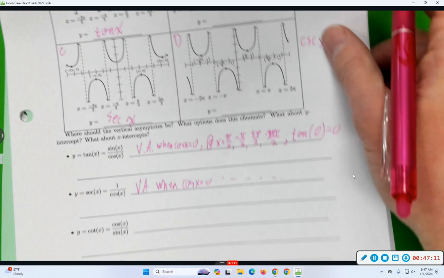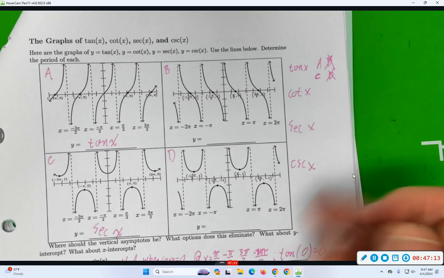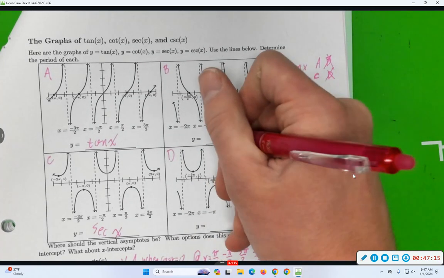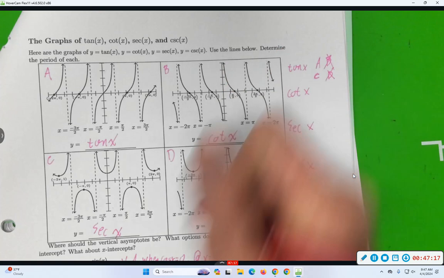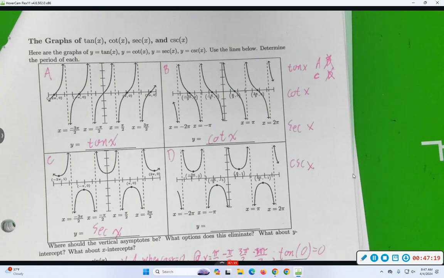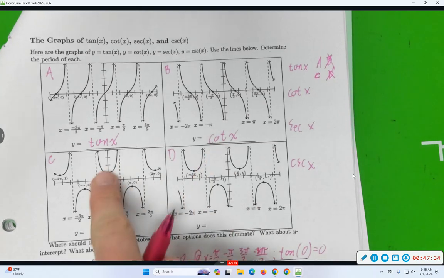And I think in the interest of time, let's spoil it a little bit. This graph B is the graph of cotangent x. Maybe that's not so surprising. Tangent is y over x, cotangent is x over y. Those two things just seem like they're related. So the graph of cotangent should look related to the graph of tangent.